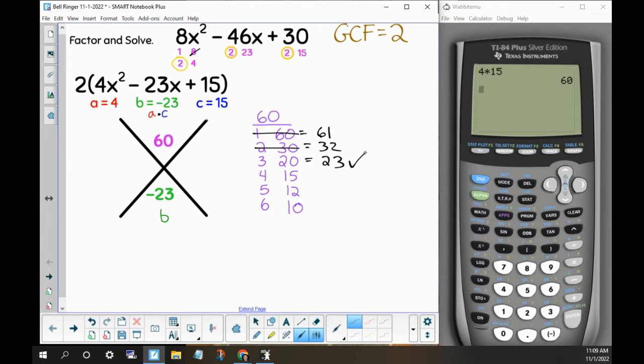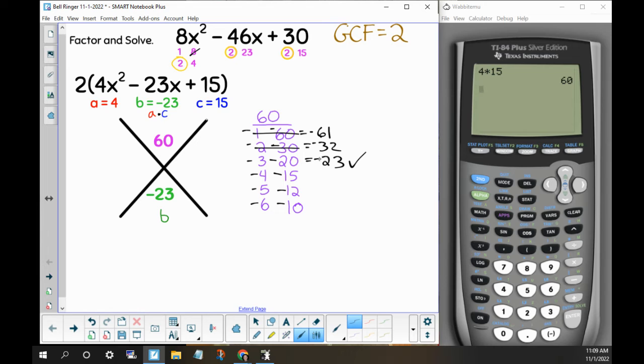Now, since the top number is positive, all the signs will be the same. All you have to do is make all your signs what? Negative. Now, the reason that we did this with positive is because it's easier this way.